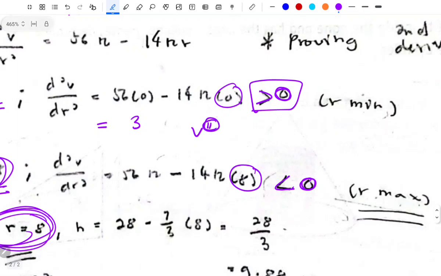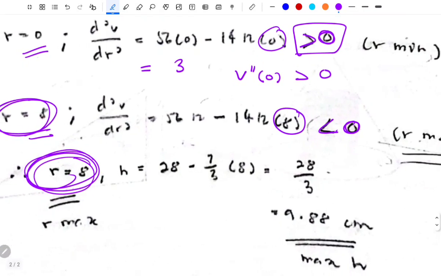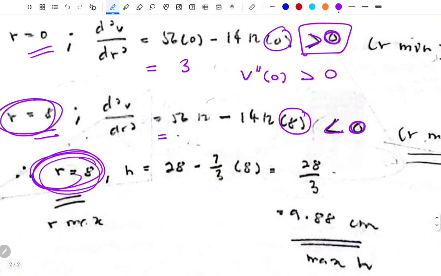So after I get the value of 3, then I'm going to do this V double prime, because it is the second derivative, and the r you are using is 0, so it is bigger than 0. Okay, and the same goes with this one. Let's say I got the value negative 2, then I'm going to make V double prime at 8 be less than 0.